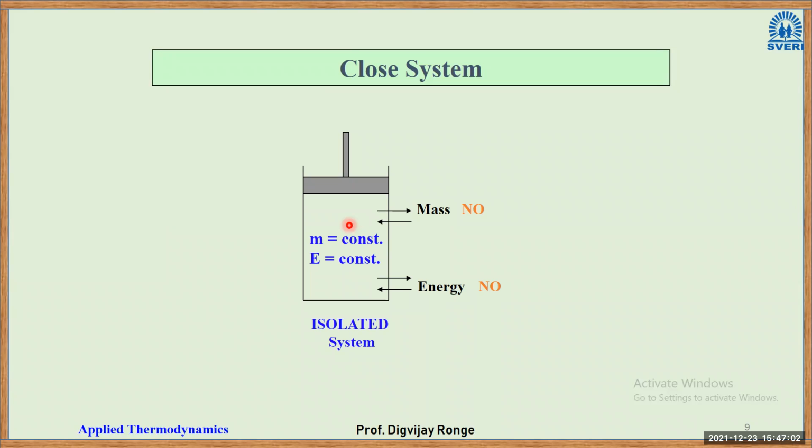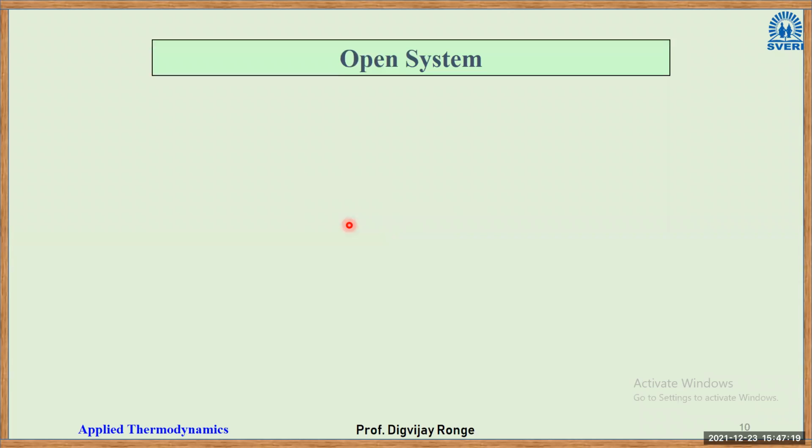A very good example was given yesterday by some of you. Later I gave the example of our universe as a whole, where mass and energy are conserved, so that also can be called an isolated system. Third is open system, where there is an inlet and an outlet: mass can come, energy can come, mass can go out, energy can go out.